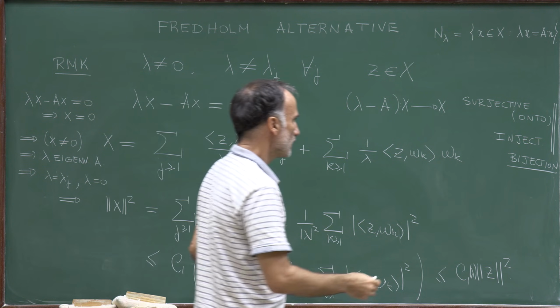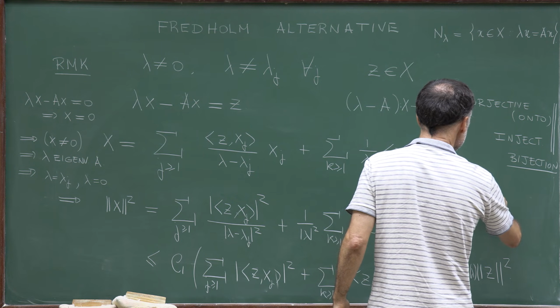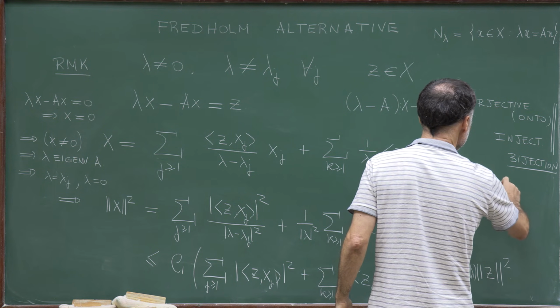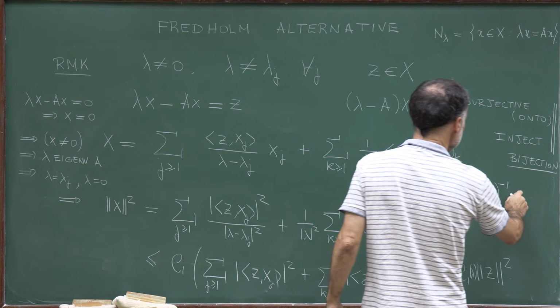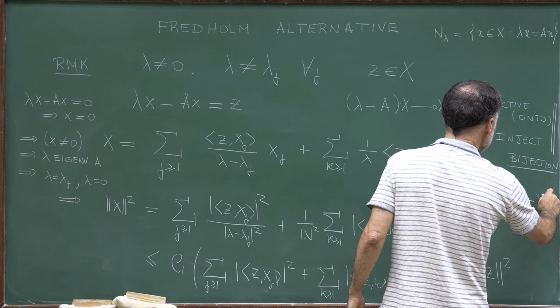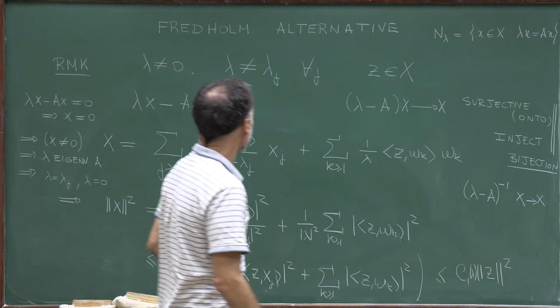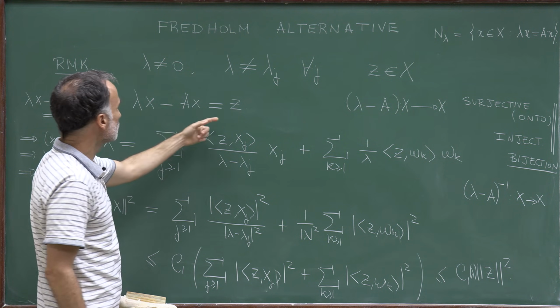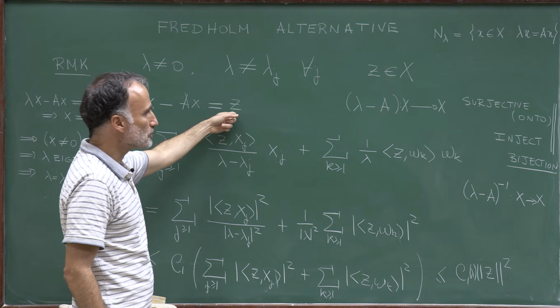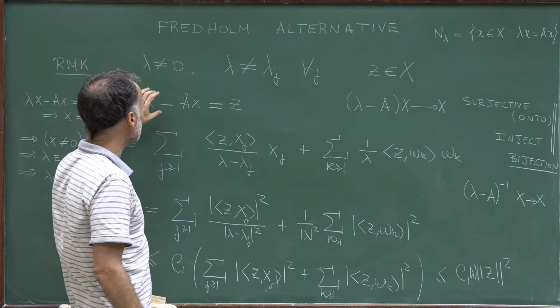So I have an inverse, which is (λ - A)^-1, which goes from X to X. And so this is telling me that (λ - A)^-1 is sending z to x.